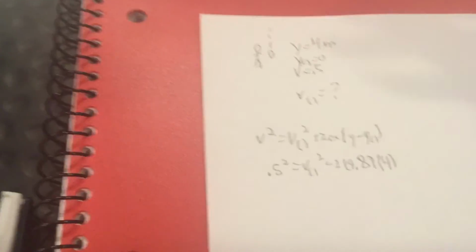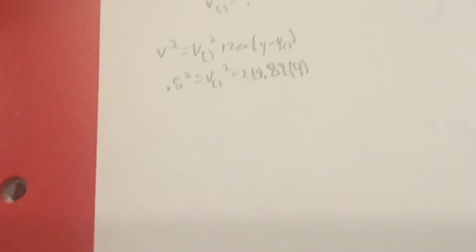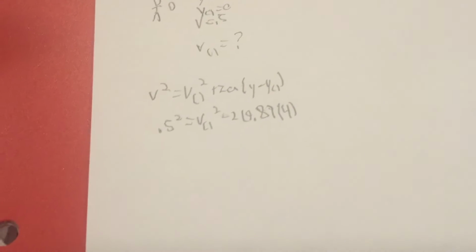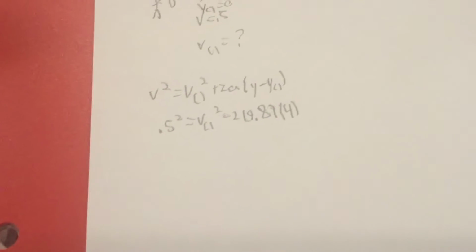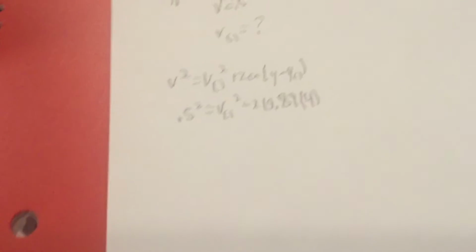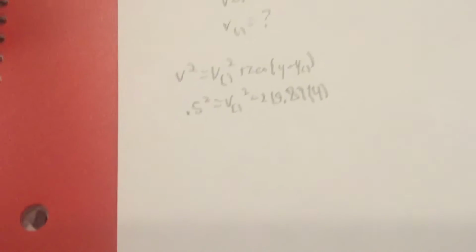Now I'll plug this into my calculator: 0.5 squared minus 2 times 9.8 times 4.